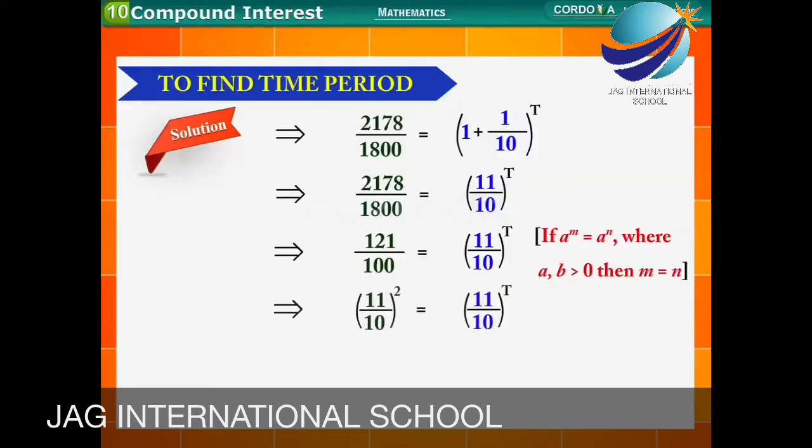This implies (11 upon 10) square is equal to (11 upon 10) raised to the power T. T is equal to 2 years. Hence, time period is 2 years.